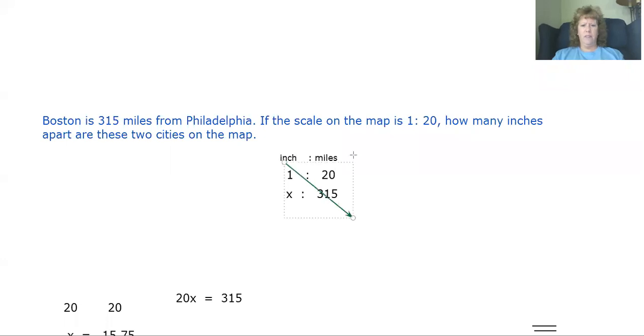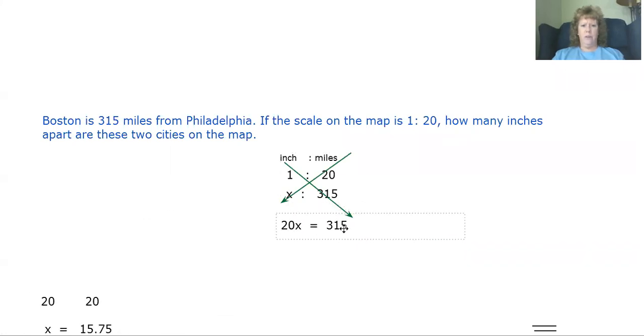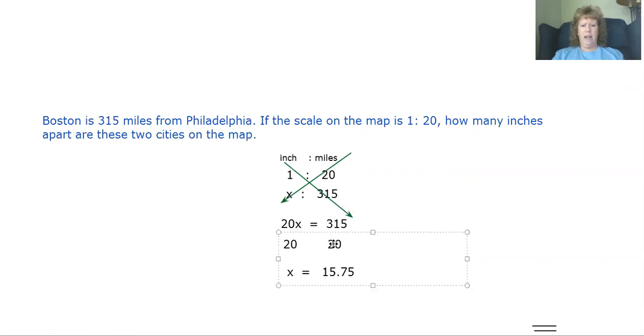So if you cross multiply, we would get 20x is equal to 315. And if you divide both sides by 20, that would be a total of 15.75.